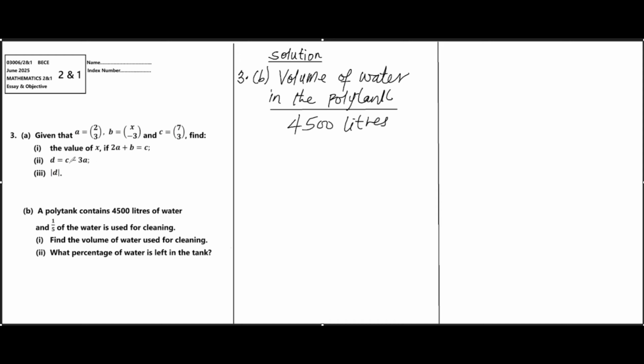Now, out of the total volume of water in the tank, 1/5 of the water is used for cleaning. So we have to find the volume of water used for cleaning.